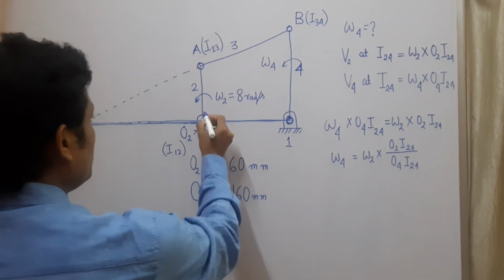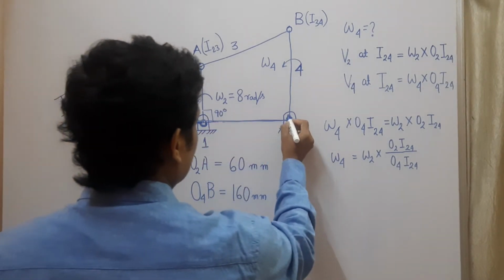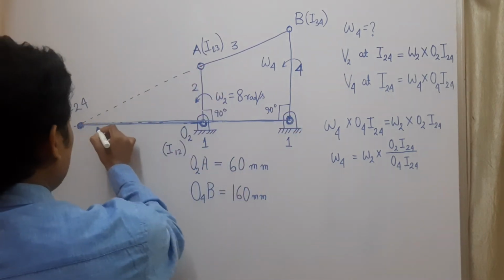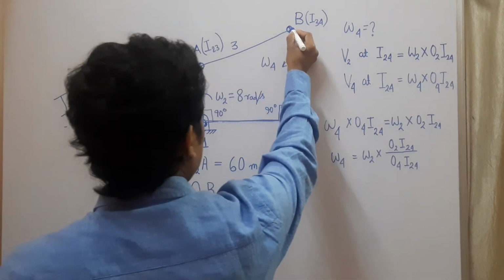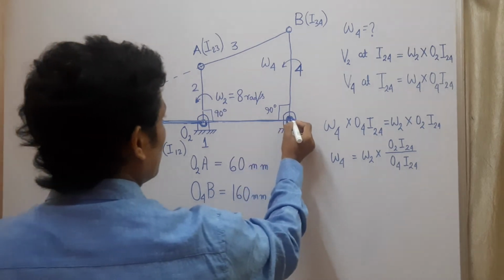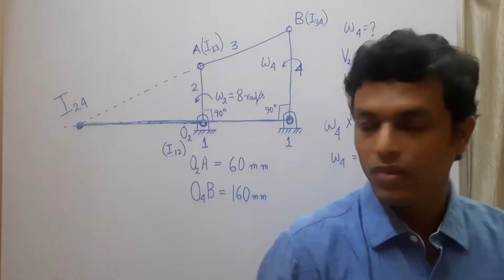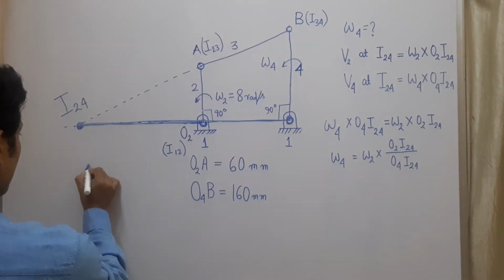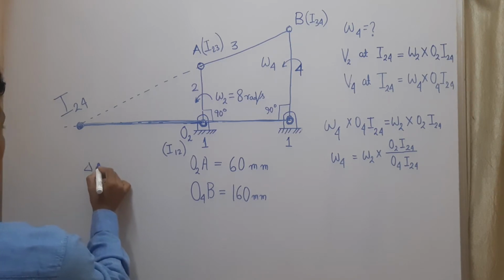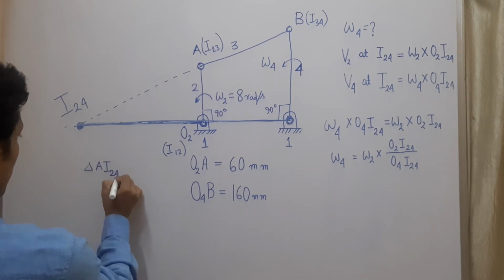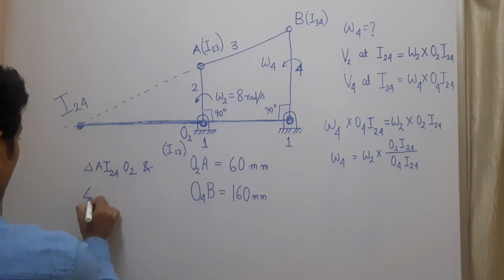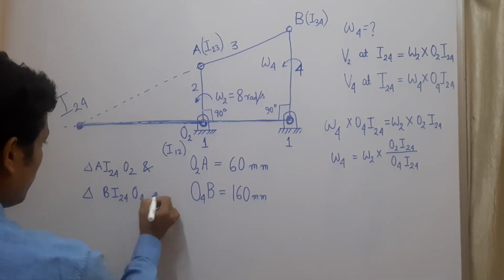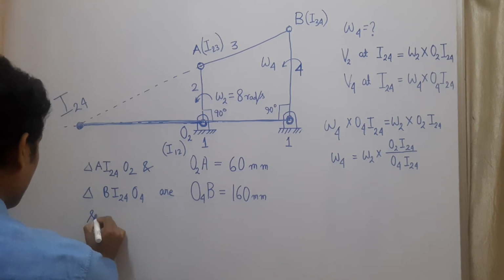Now look here, these angles are given, and both are 90 degree. So triangle A I24 O2 and triangle B I24 O4 are similar triangles.